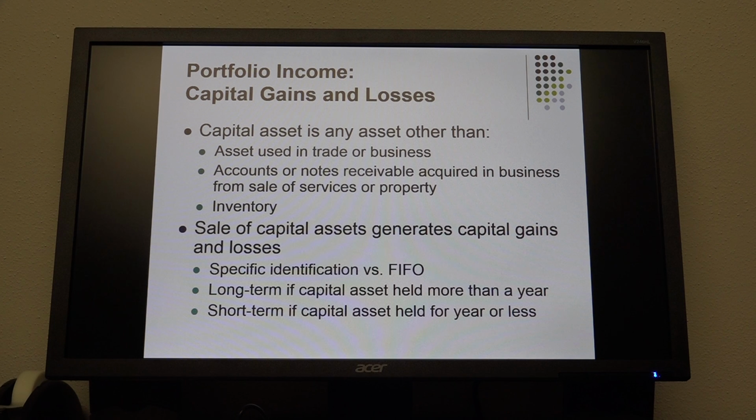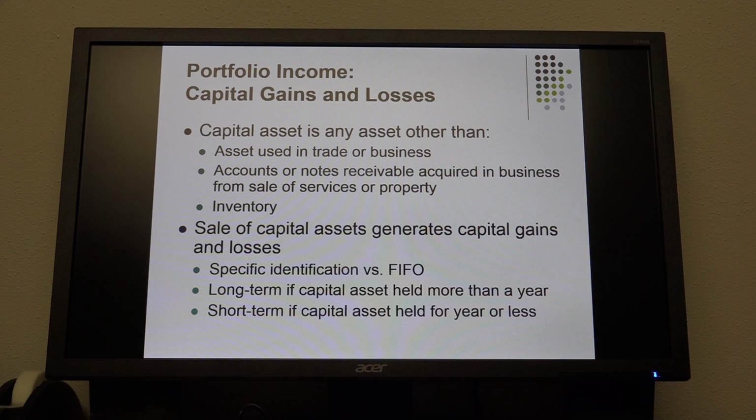Now there are some different rules here if the property is acquired by other than purchase, such as a gift or inheritance, things like that.